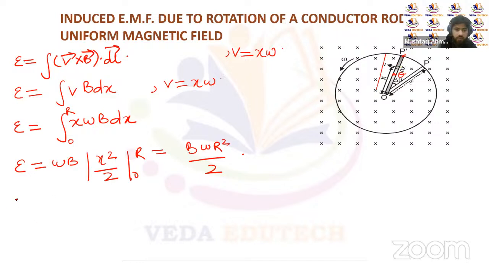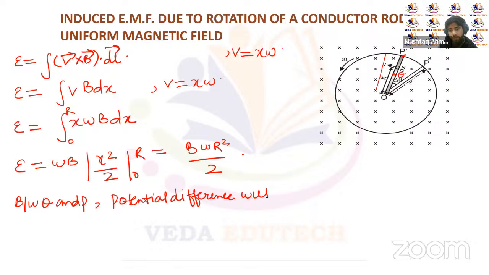In that case, we can write here between Q and P, the potential difference will be, so this E will be actually the integral of the same x omega B dx, right?